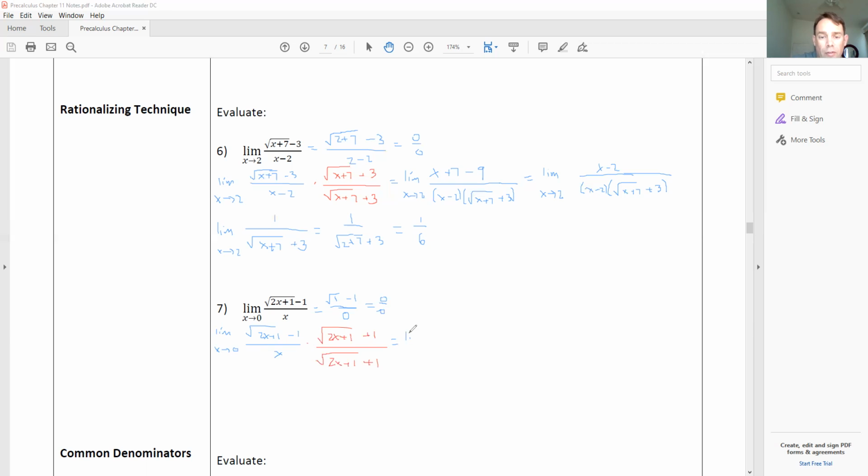All right, so we have the limit as x approaches 0 of (the square root of 2x plus 1 minus 1) all over x times (the square root of 2x plus 1 plus 1).